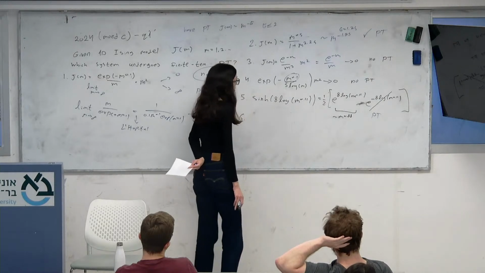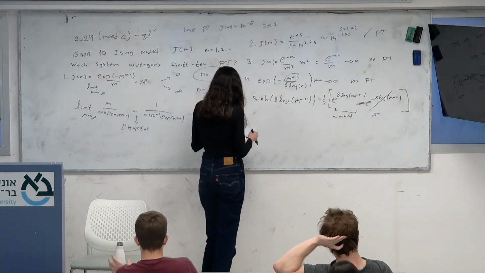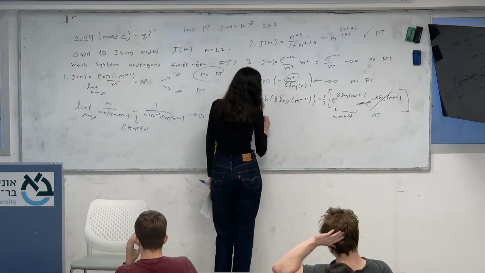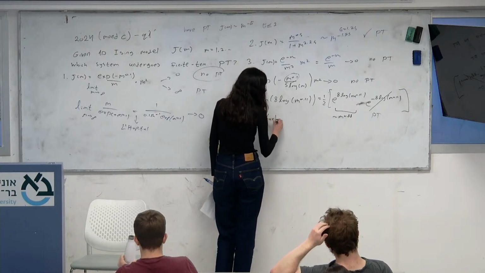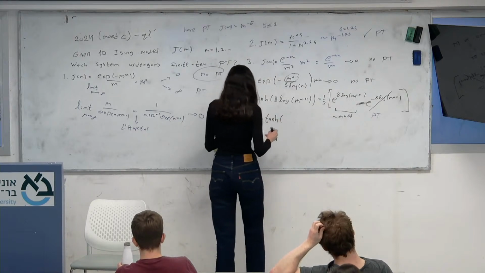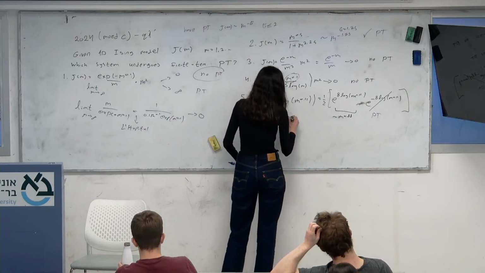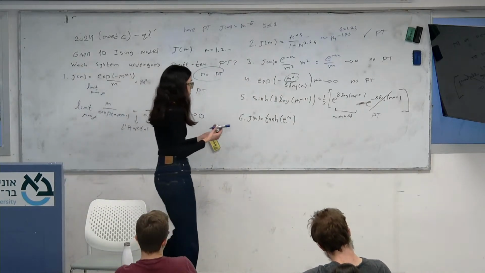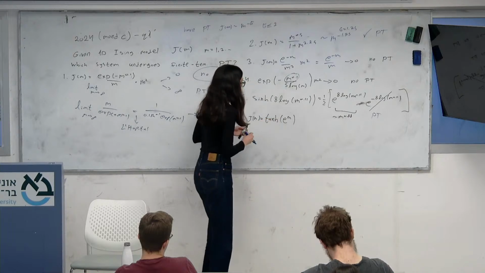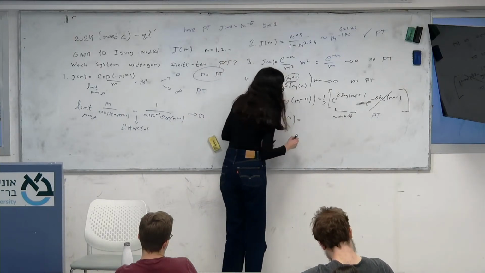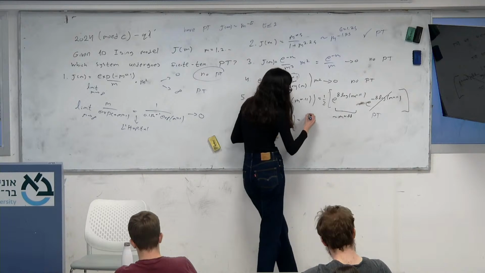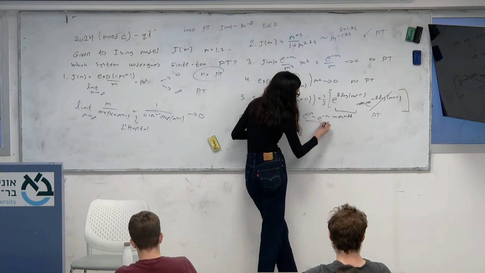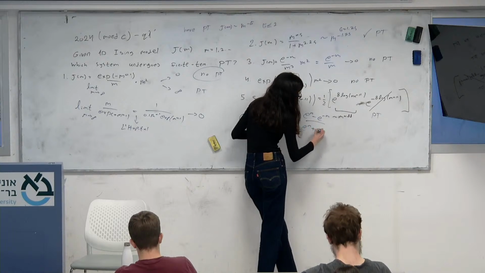Okay, so the last one. j of m is equal to the hyperbolic tangent of e to the power m. So we can rewrite it as e to the m minus e to the minus m over e to the m plus e to the minus m.